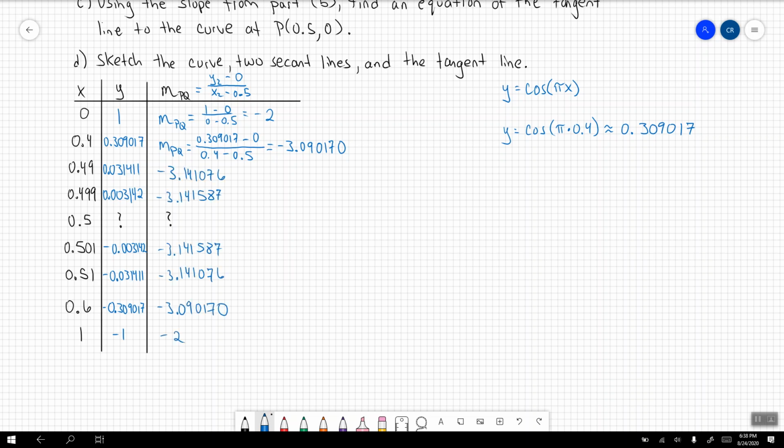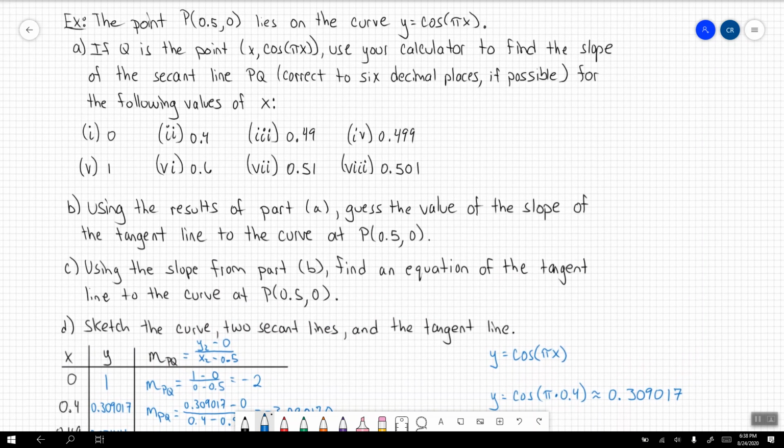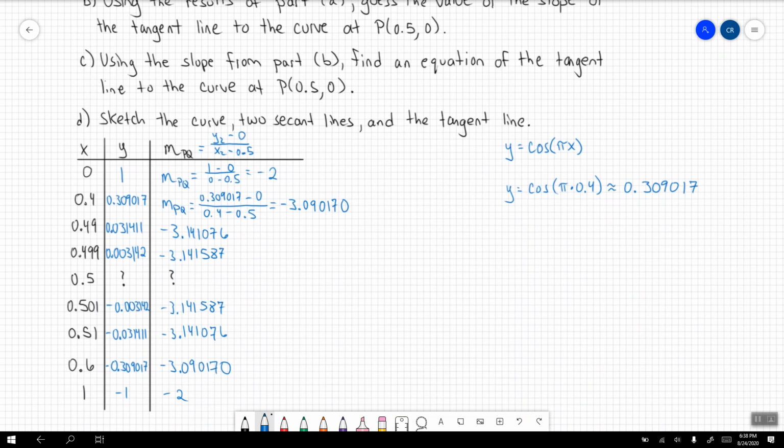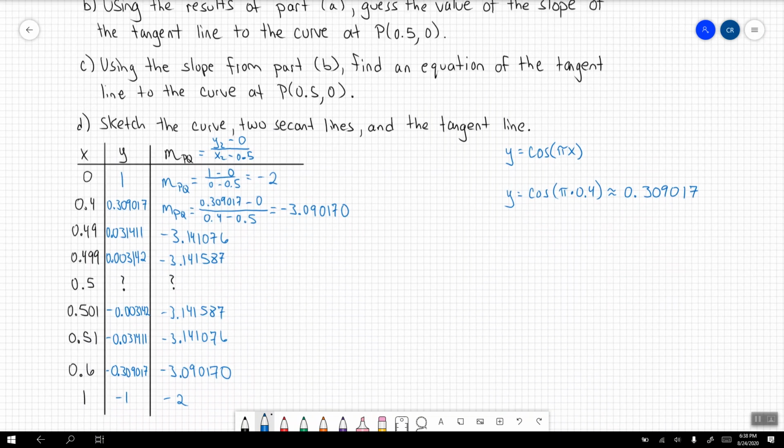All right, so here is the filled in table. Now, again, what we want to do in part A is that we want to find the slope of the secant line between the points P and Q, which we did on that table. That's actually the work that we needed to do. 1, 2, 3, 4, 5, 6, 7, 8. 8 different slopes here.